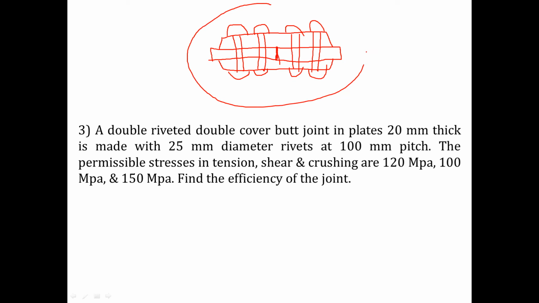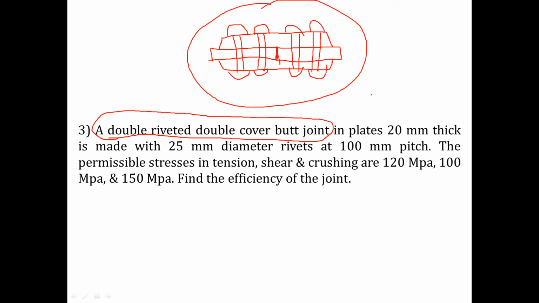So this is nothing but my double riveted double cover butt joint. Is it clear? Is the diagram clear to all of you? Any doubt in this diagram, in this schematic part of this problem? No, sir. Okay.